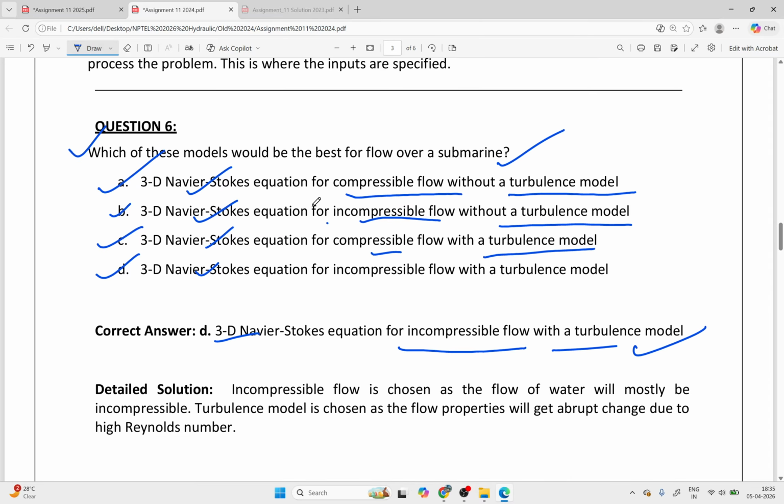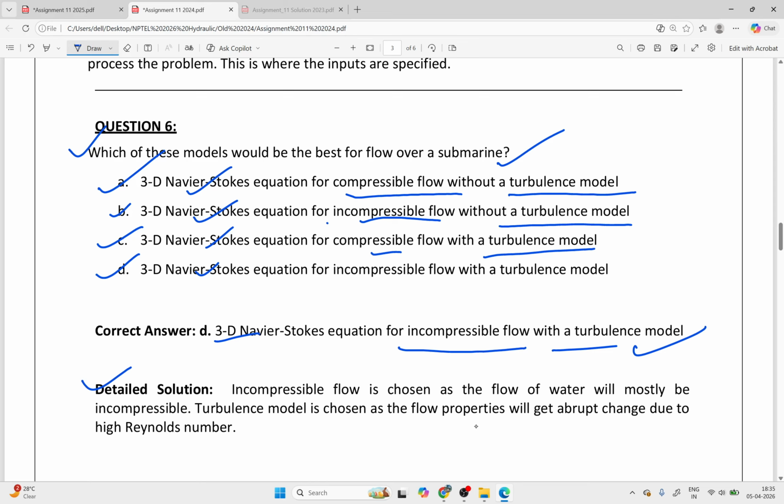What is written in the detailed solution? Let me just read for you.